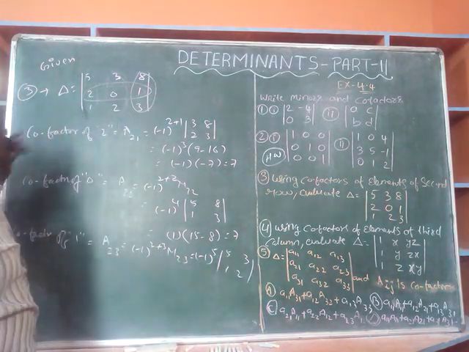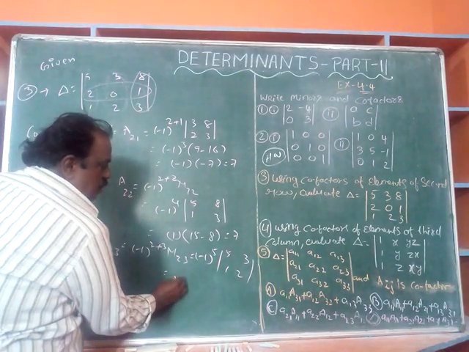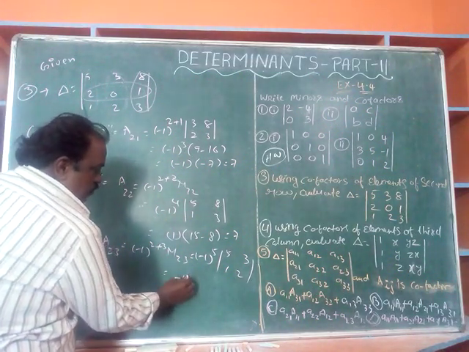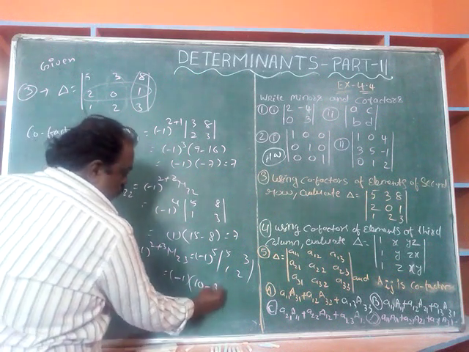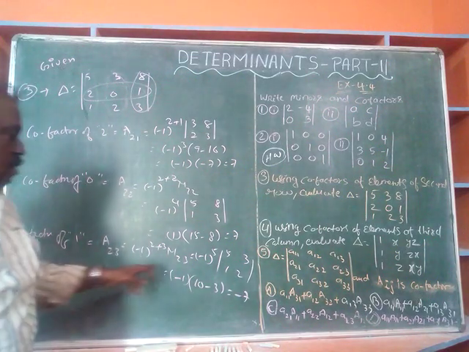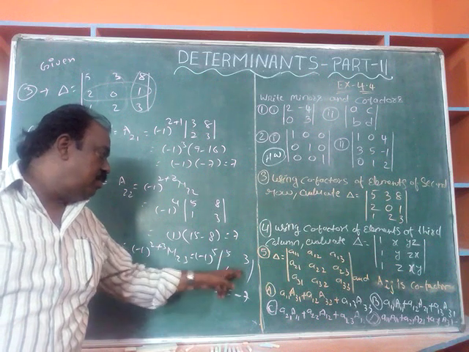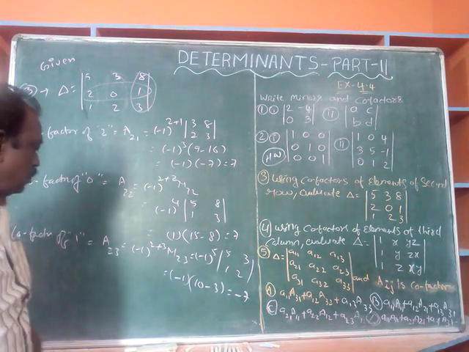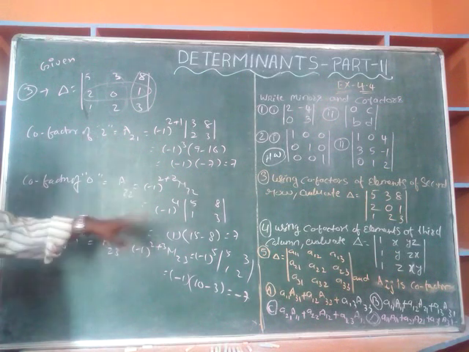This is minus 1 power odd number 5, which means minus 1. It is 10 minus 3, which is 7. So minus 1 into 7 is minus 7. Now these are the cofactors.